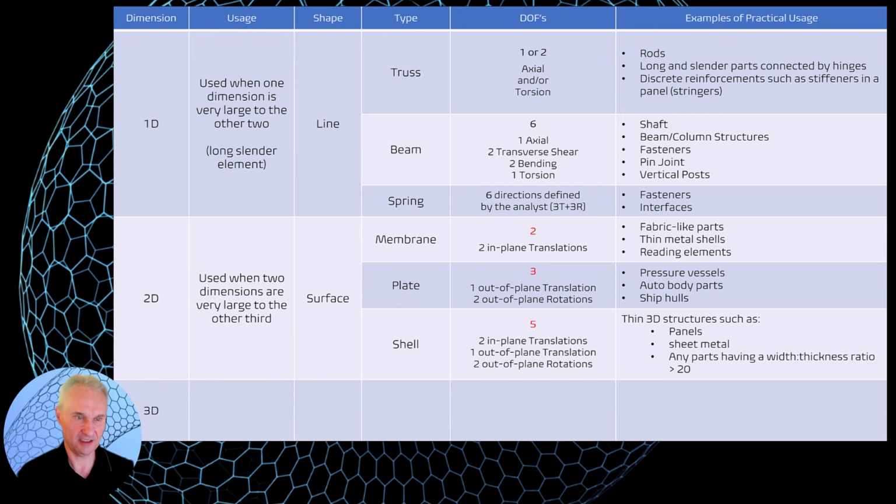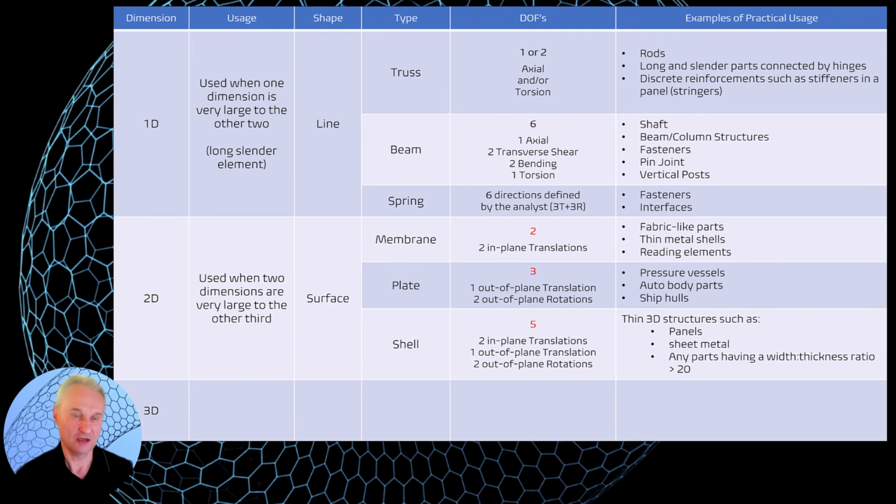And finally, the basic 2D element, the shell, with all the capabilities of the membrane and the plate, to model thin 3D structures such as panels, sheet metal, and any part having a width to thickness ratio greater than 10 to 20. Here on the slide it is 20, but it is between 10 and 20.